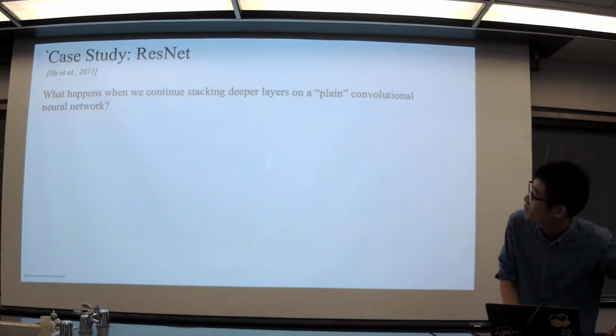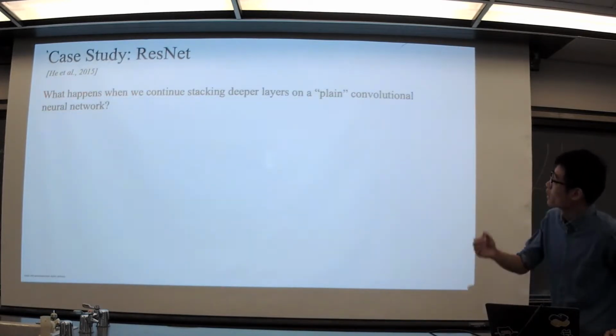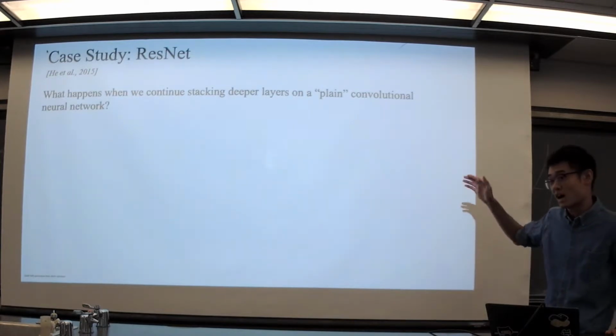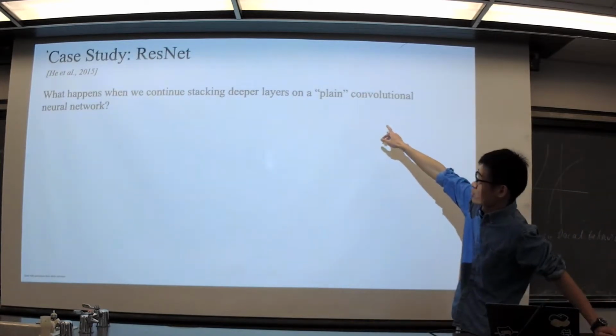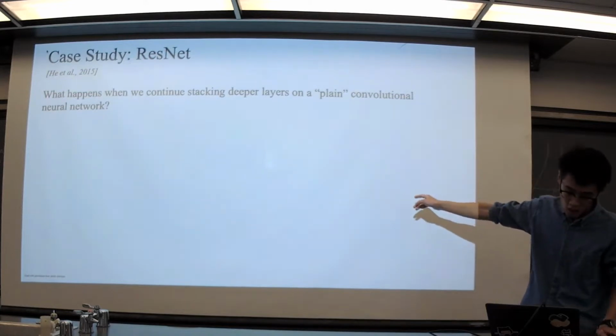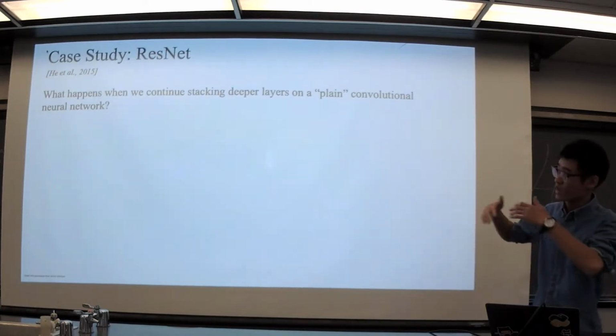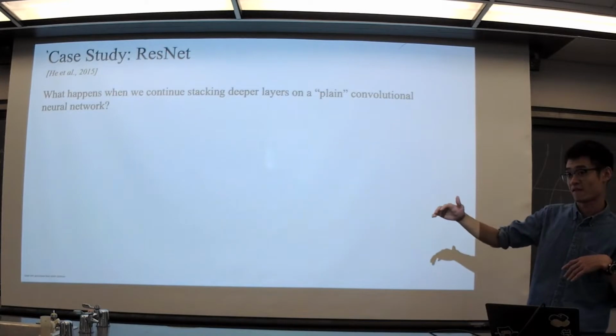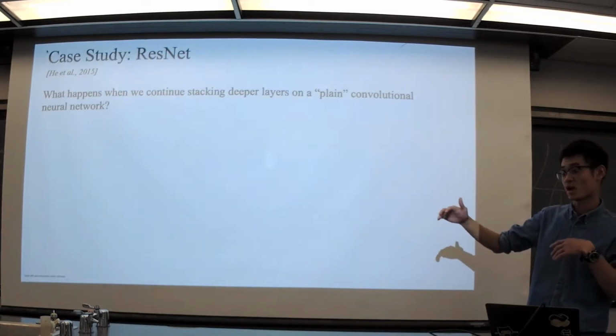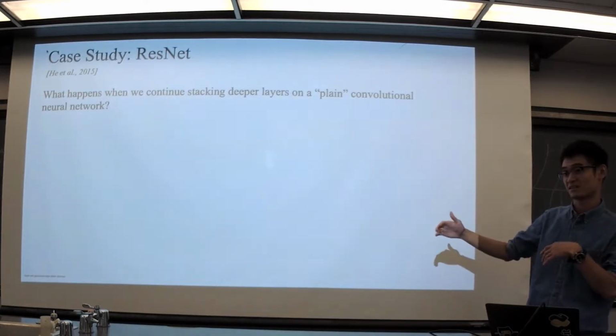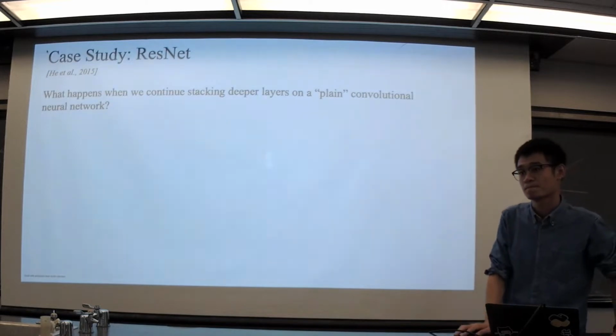Actually, look here. If we use the VGG type, we call it a plain convolutional neural network. What do you think happens if we make the network deeper and deeper? You may have some problem. Does it take longer to train?